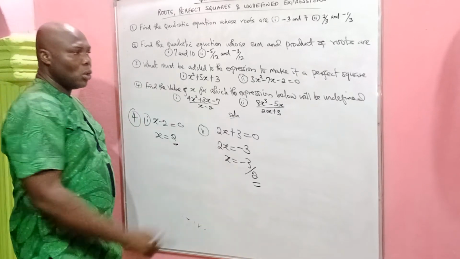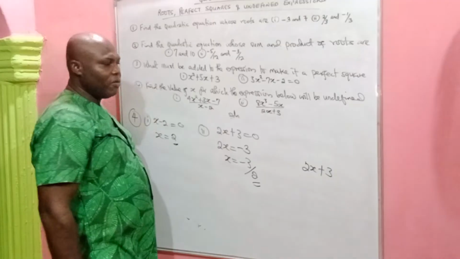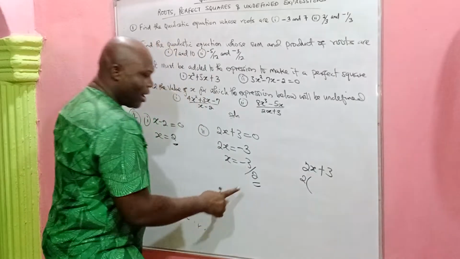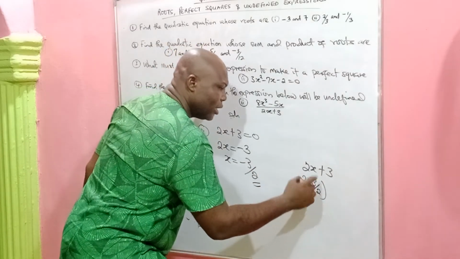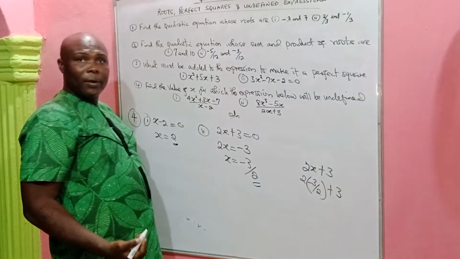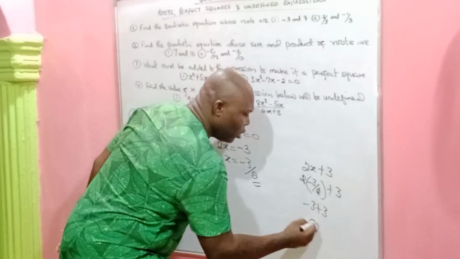Would that be true? Let's see. Watch me. 2x plus 3. We want to see whether it will give us 0. 2 into x now has been calculated as minus 3 all over 2, plus 3. Will it give 0? 2 crosses 2. Minus 3 plus 3. What will you have? 0.